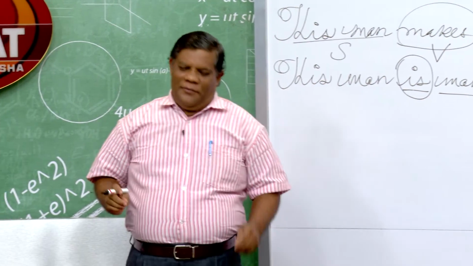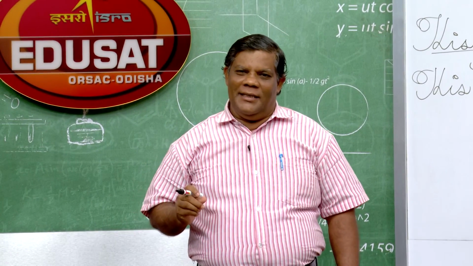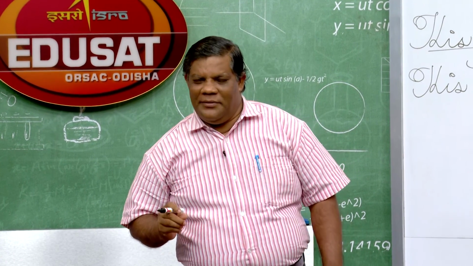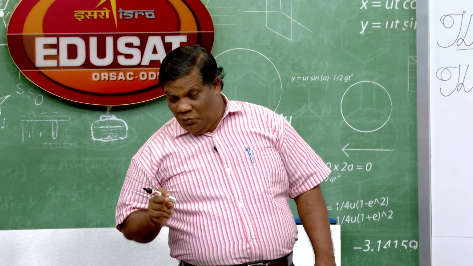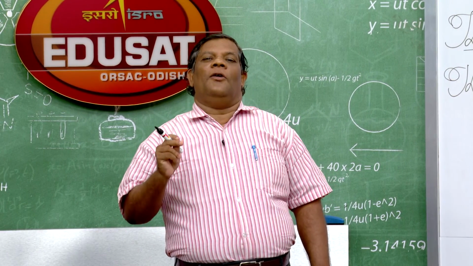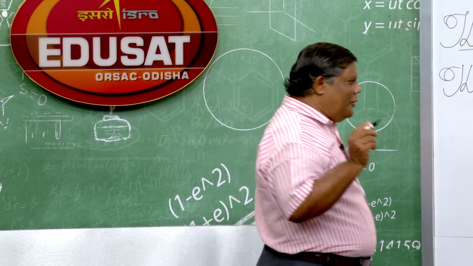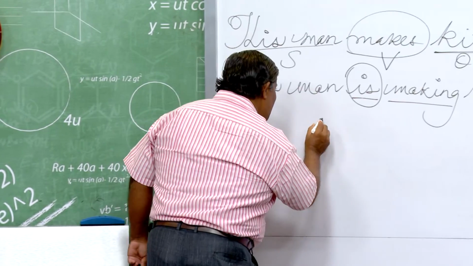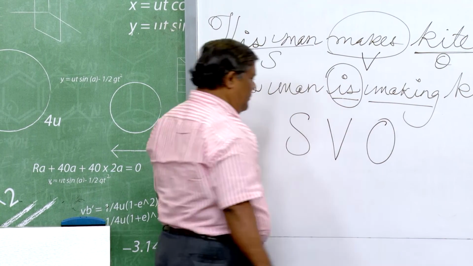So, what is required for passivization then? We require three important elements for making a sentence passive. What are these things? Subject is required, verb is required, and object is required. So, we need three important elements for passive. This is what we call SVO form.